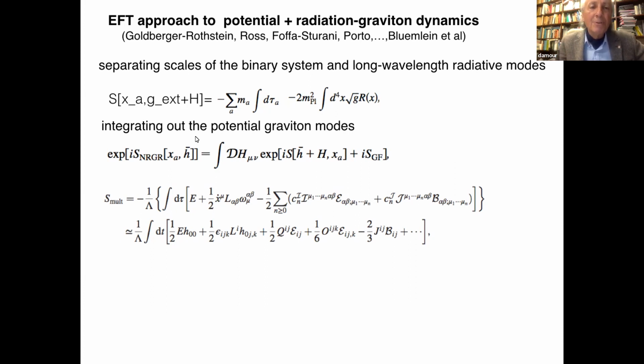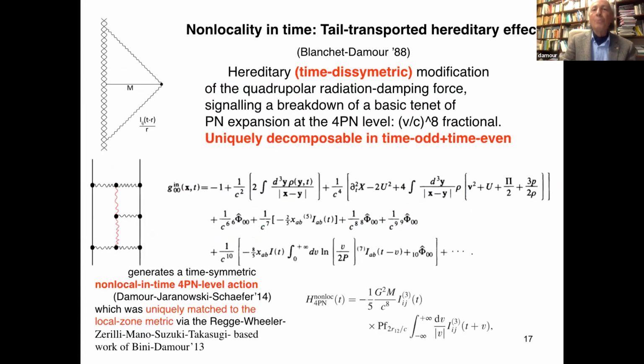One is supposed to integrate out the potential graviton modes to leave a theory of interaction of a system which, after integrating the graviton modes, is described by multipole moments interacting with the long wavelength radiative modes. And this plays an important role in the recent work of Foffa, Sturani and Blümlein.